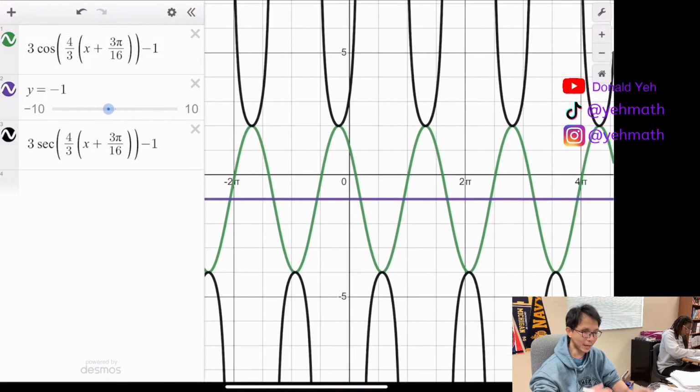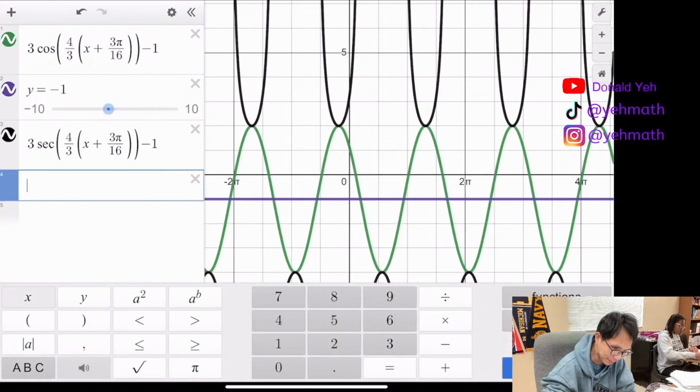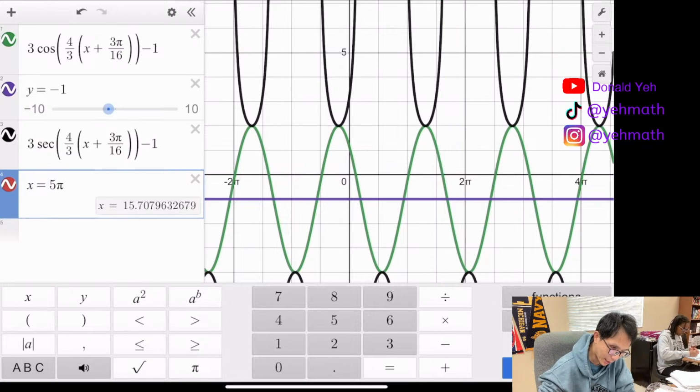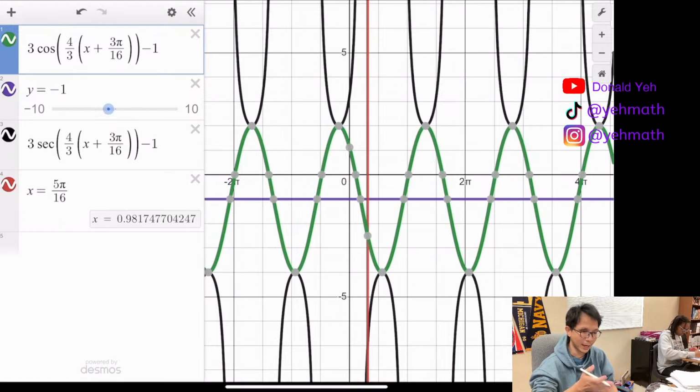It's going to have that inverted wave. So every time you see this here, this is going to create an asymptote. x equal to 5 pi over 16. So you see that this is going to create that asymptote.